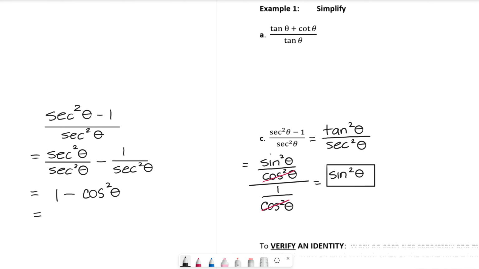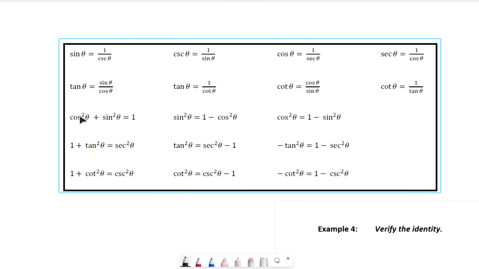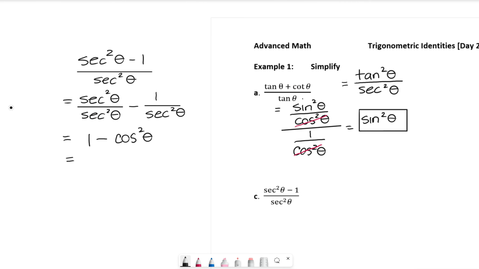And once again, if we go look for 1 minus cosine squared theta in your formula sheet, you can see right over here, 1 minus cosine squared theta is the same thing as sine squared. So 2 different methods of approach, but yet they both yield the same answer.